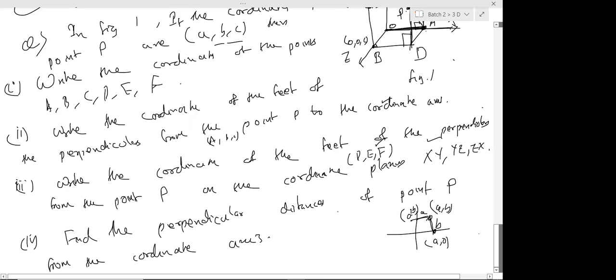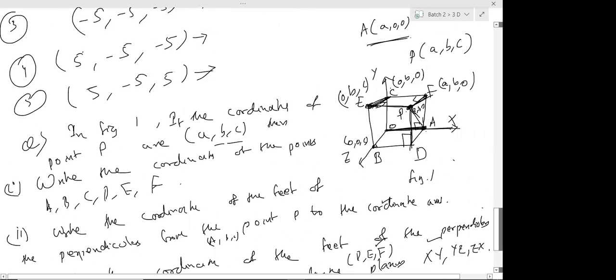Find the perpendicular distances of the point P from the coordinate axis. All right. So you have to find the length PA. So PA will be this square plus this square, because this is also 90. This square plus this square. So this is C, this is B. So if you have to find the distance of the point P from the x-axis, then square and add the y coordinate and z coordinate squares.